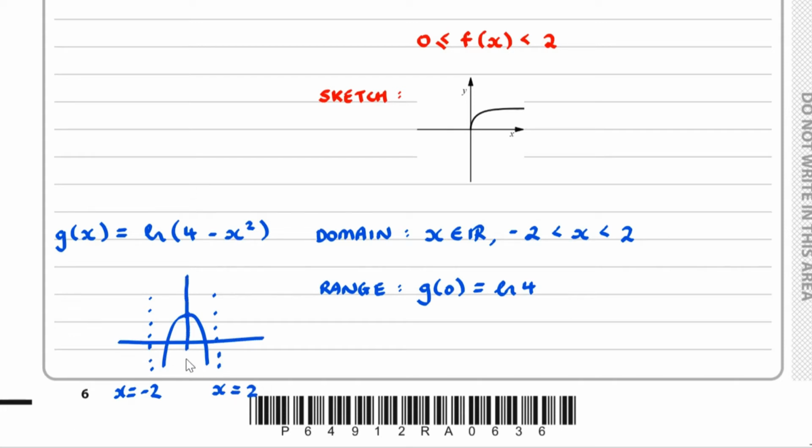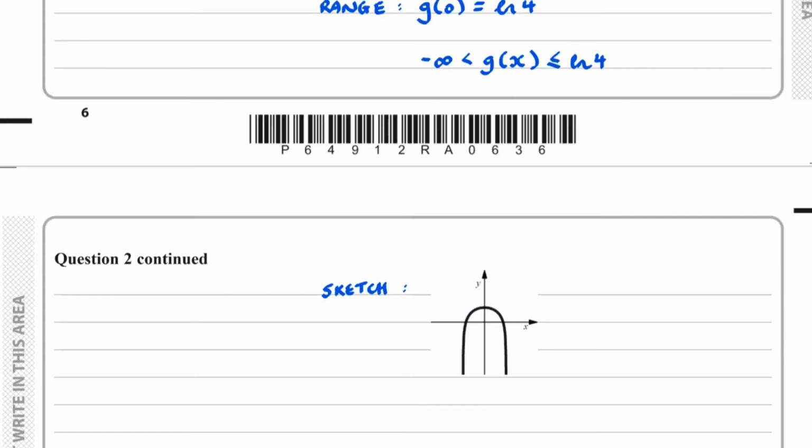And then if here is our x and y axis, for our range, we would have minus infinity, which is less than g of x, which is less than or equal to the natural log of 4. So if you think about a sketch, our graph will look something like this.